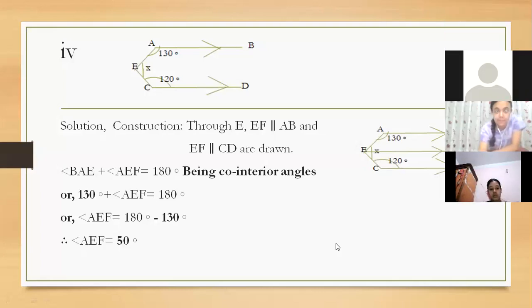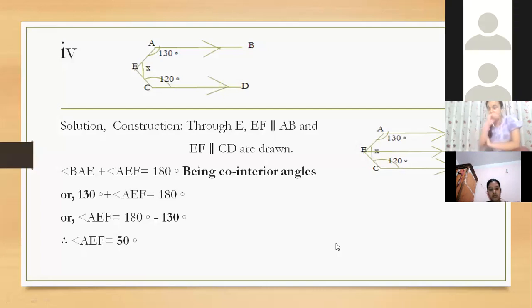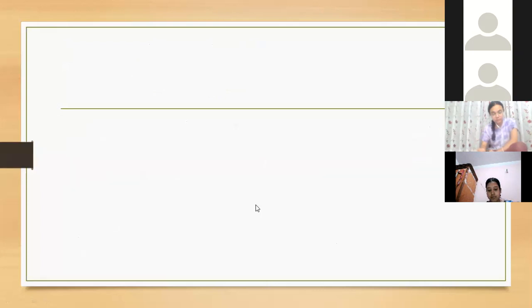Abhiral, have you understood this? Yes, sir. Okay. Now we are finding the lower one also. F, E, C and E, C, D. These two angles are also co-interior angles. Then it will be like this. Look, I am going to show you the next slide.